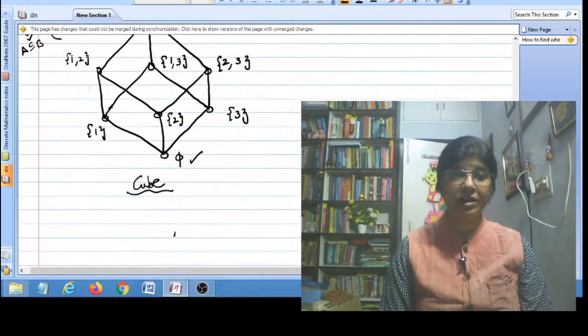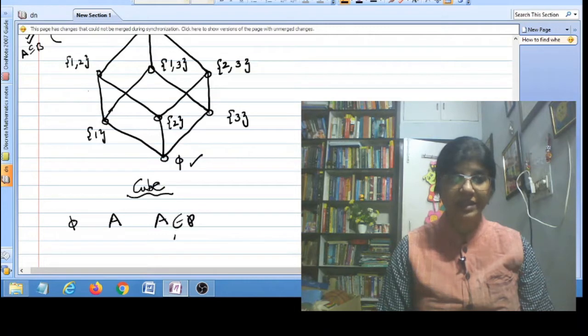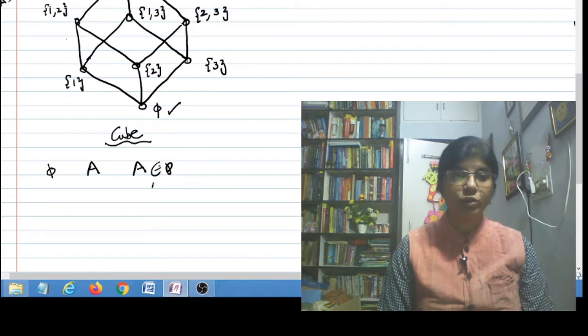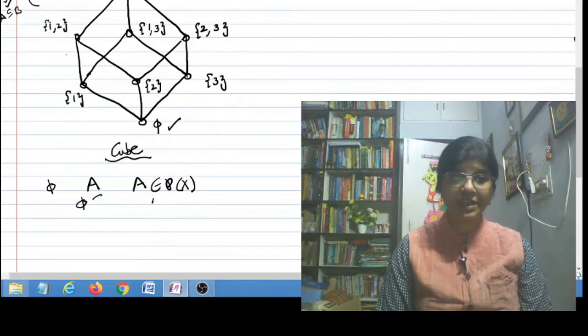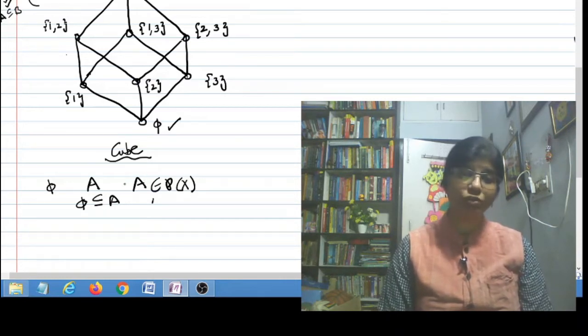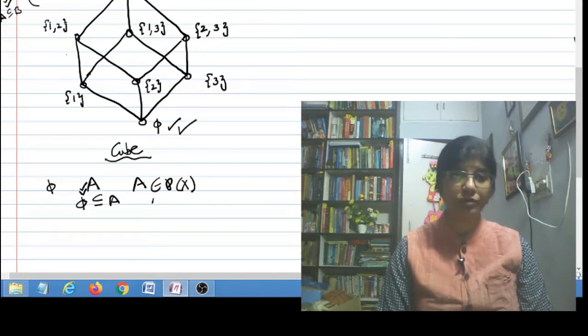If you take any subset A of X, which means that A belonging to the power set of X is any member, then we know that phi is contained in A, which means that phi is less than any element of the power set of X. So phi is at the bottom. Phi is the bottommost element.